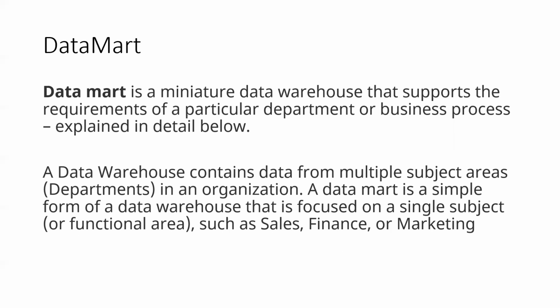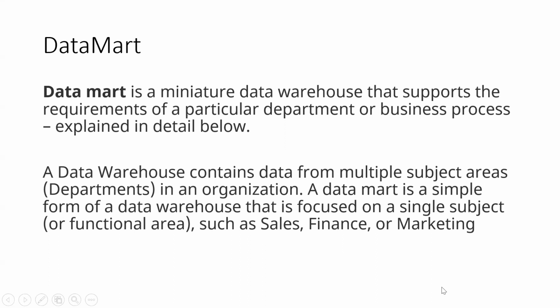Data marts are based on each subject area, for example credit transactions for today. This should be stored in a table. That is the data mart. For this organization or this shopping mall, we can see on top of this functional area, we have sales data, finance data, marketing data.